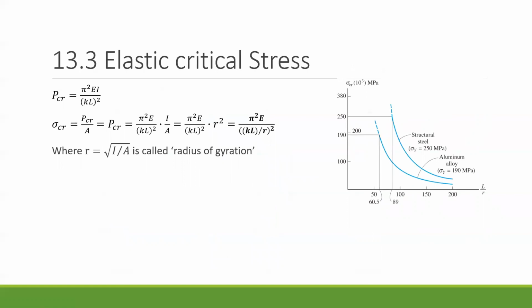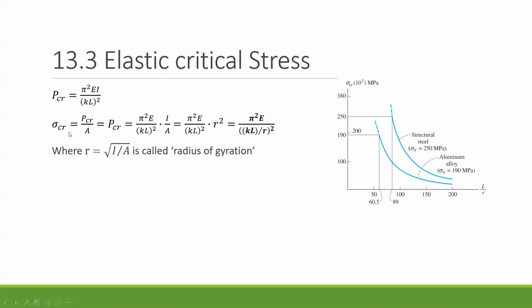Also, I want to say something about the elastic critical stress. This is not a new term, I think. Sigma is equal to P over A. Sometimes we do not compute our result with respect to force; maybe sometimes we need to compute with respect to stress.